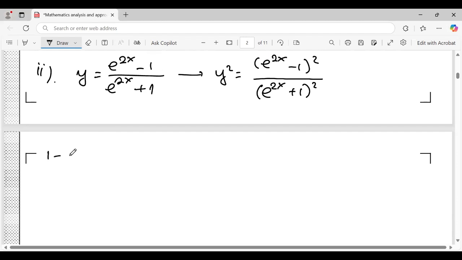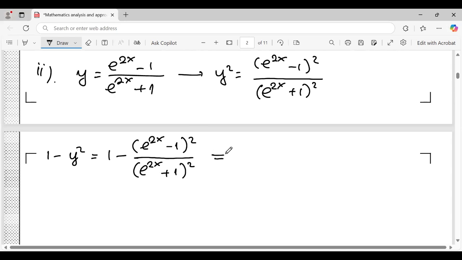And 1 minus y squared is 1 minus this fraction, (e^(2x) minus 1) squared over (e^(2x) plus 1) squared. Or 1 minus y squared equals, we are going to set the same denominator, (e^(2x) plus 1) squared.